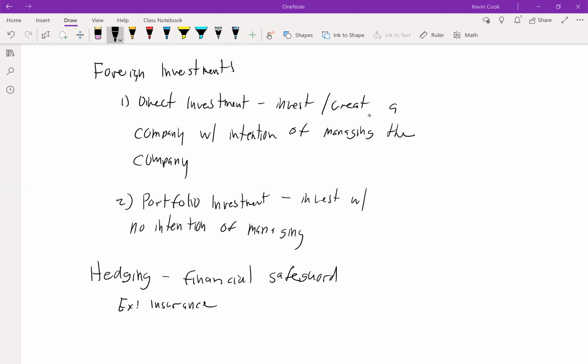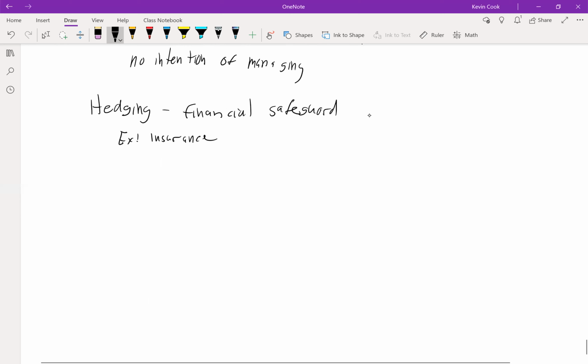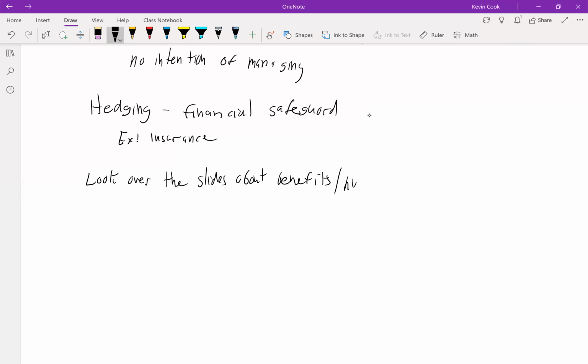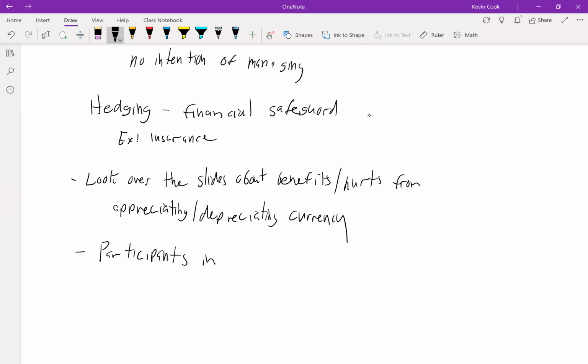So when we think about the foreign exchange market itself and who demands and wants currency, what I'm going to encourage you to do for this part is look over the slides about who benefits and who hurts from appreciating or depreciating currency, as well as participants in the foreign exchange market.